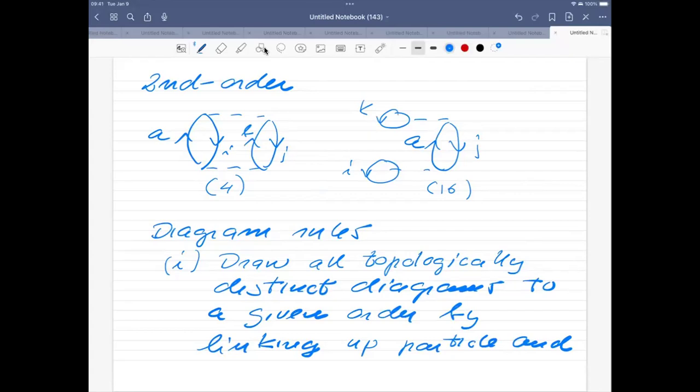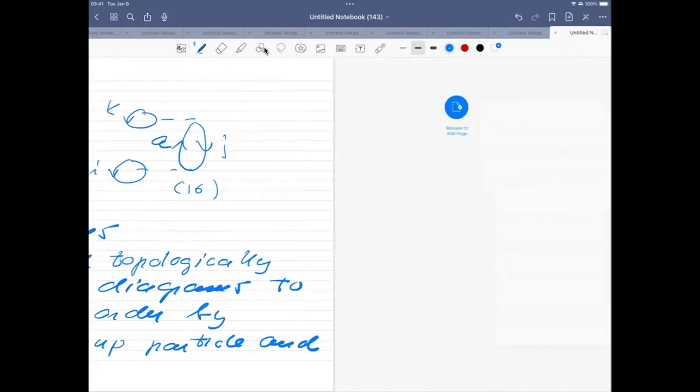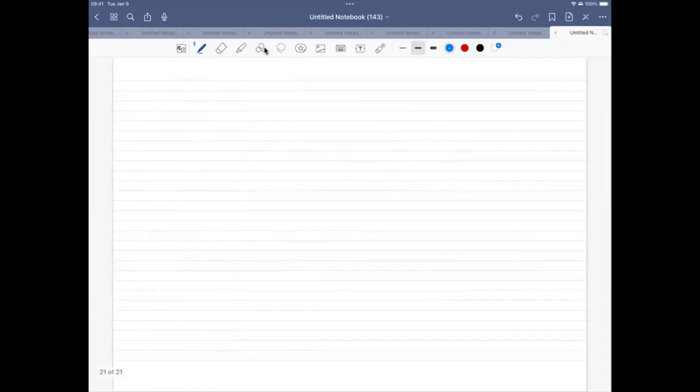So we are going now to set this up by linking up particle and hole lines with different interaction vertices.